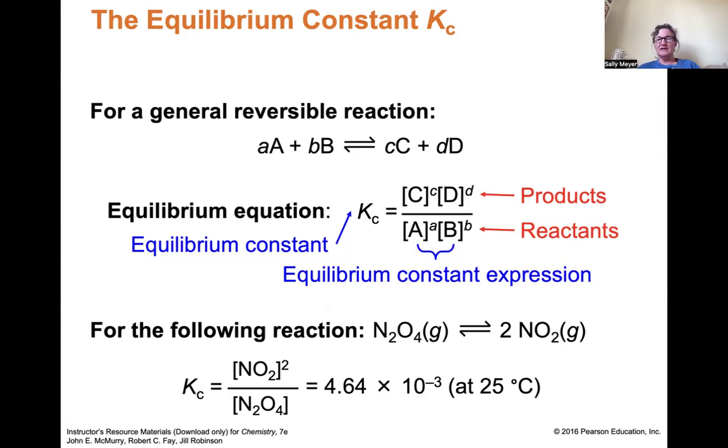A and B can go to C and D, but C and D can also react backwards to make A and B. The equilibrium constant, that ratio that's going to be equal to a constant, is always the products raised to their stoichiometric coefficients divided by the reactants. If you take upper level physical chemistry, you'll get a better understanding of why it's that particular ratio. It comes out of kinetics and the rate forward equaling the rate backwards.